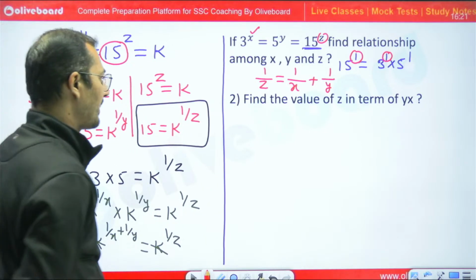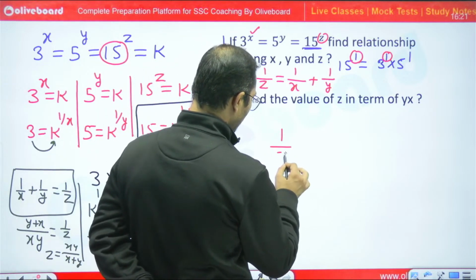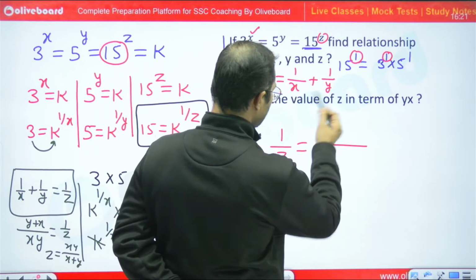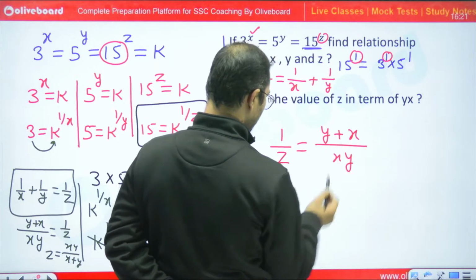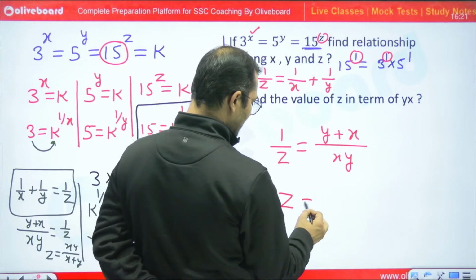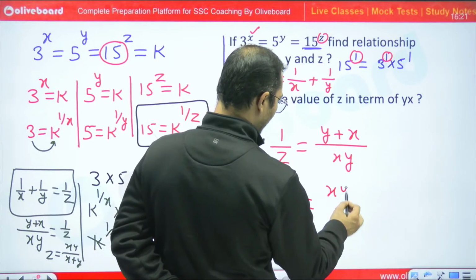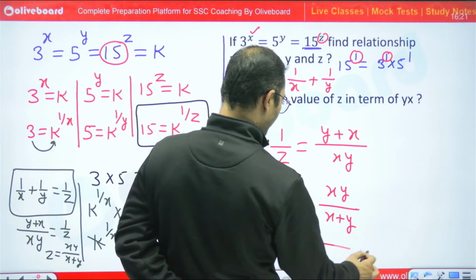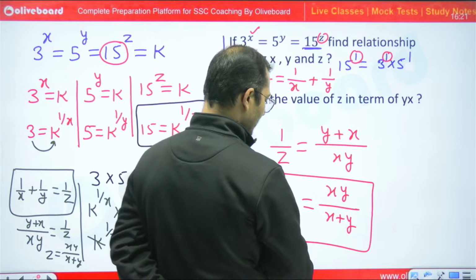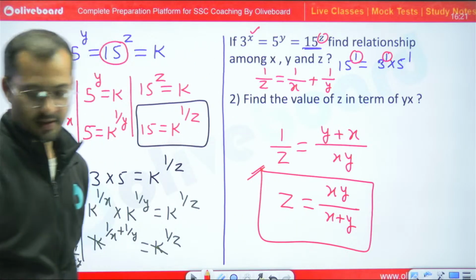Directly we can write. So 1 upon z is equal to, just take the LCM, y plus x over xy. Just reciprocate. So z is equal to xy upon x plus y. Simple? Yes, no problem.